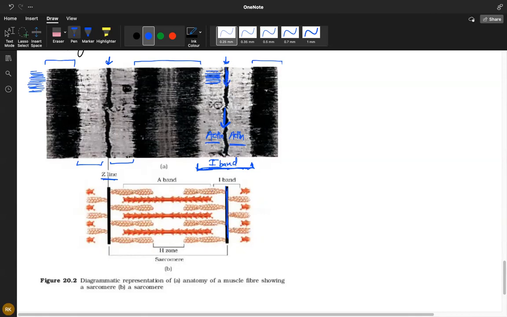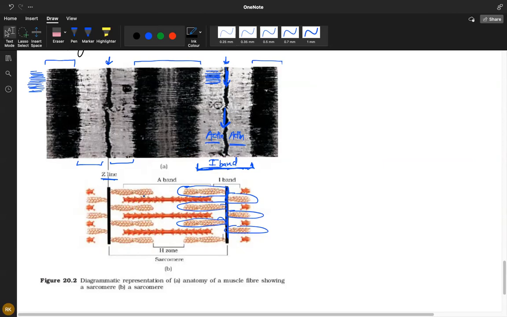Okay. So you can see that this is an actin, correct? And this is an actin. So it is attached in an alternate manner going to either side. Make sense? Say yes or no. I band and Z line is clear?